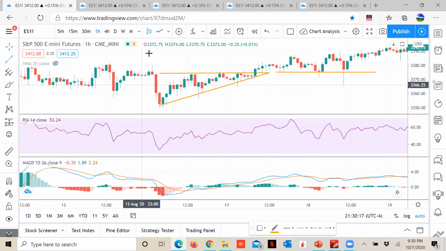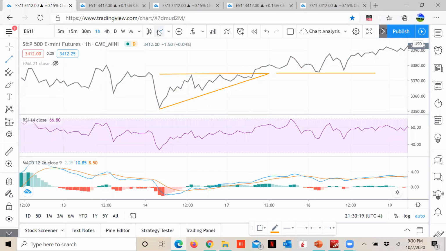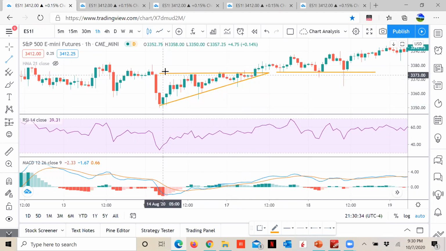If you want to get a better picture, you can go to a line chart to see how it's fluctuating between these lines and how it wiggles in this channel and converges here. So it's a perfect example. I didn't spend much time looking at it.